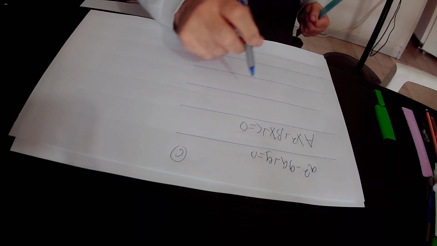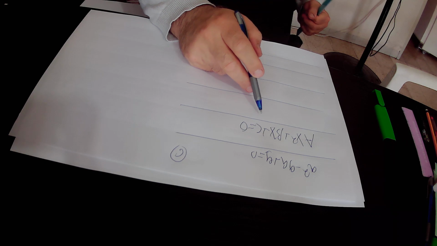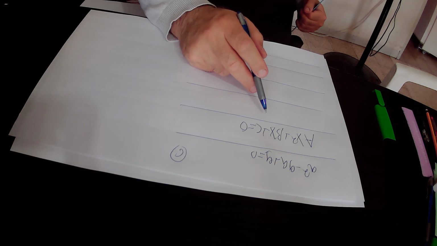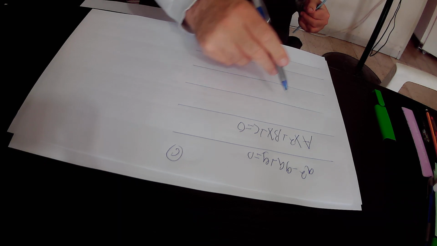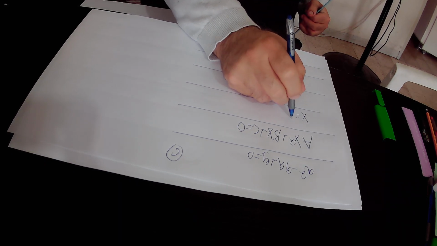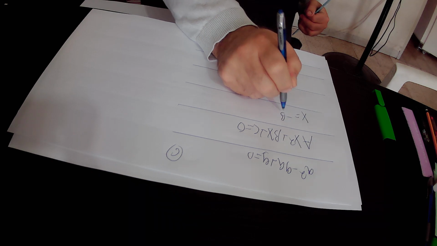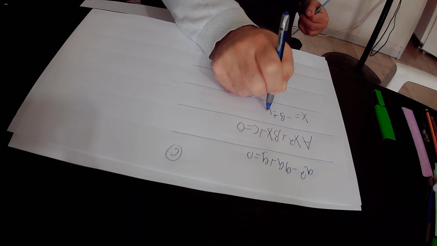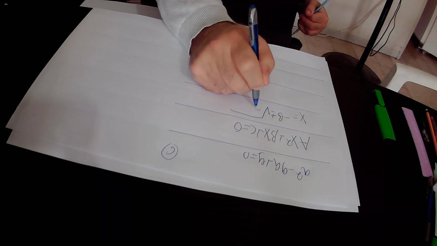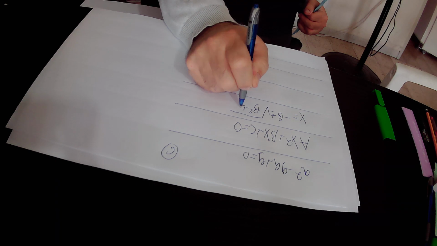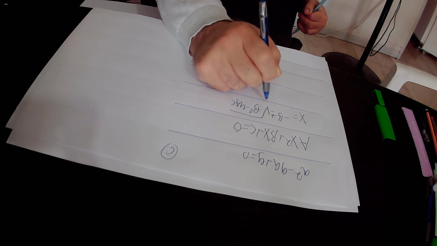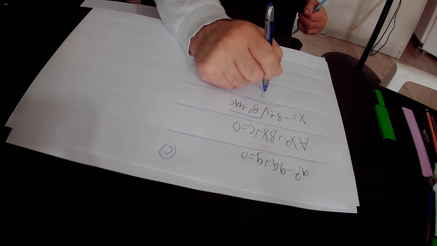In this general formula, a, b, and c are the coefficients of this quadratic equation, and x is the variable that we are looking for. We will find the value of x according to the following formula: x equals minus b plus or minus the square root of b squared minus 4 times a times c, over 2a.